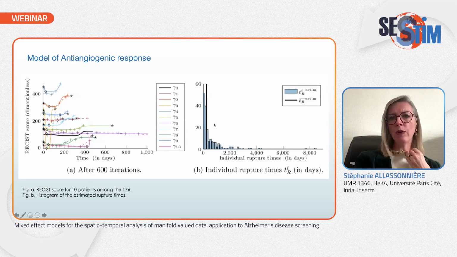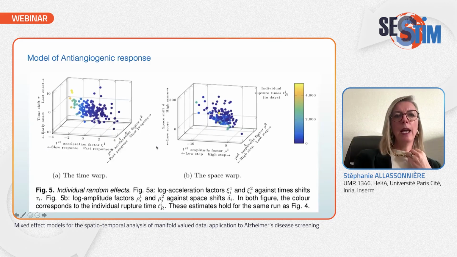And so in terms of how good we were to estimate, as you can see, in days, for a majority of the people, we were less than a month. And we were able also to see what is the correlation between the factor of acceleration between the first response and the second part, which is relapse, against time shift.